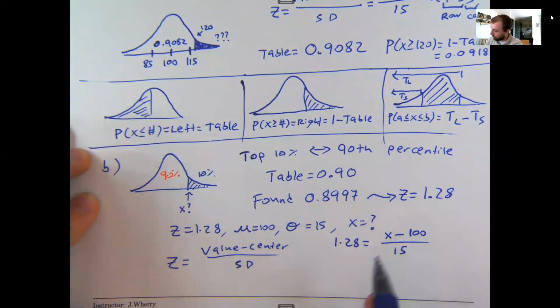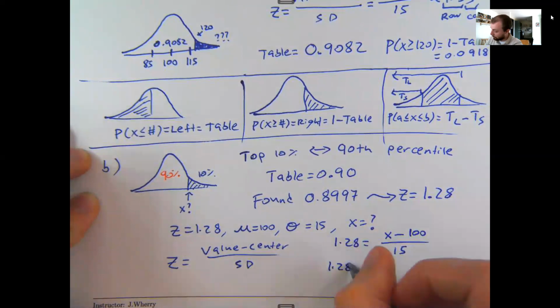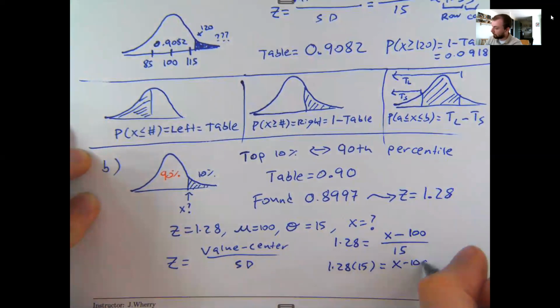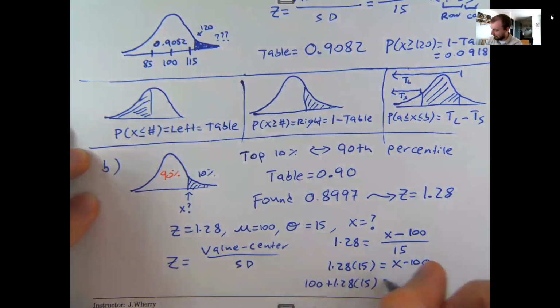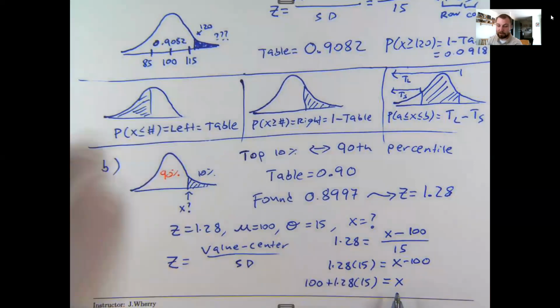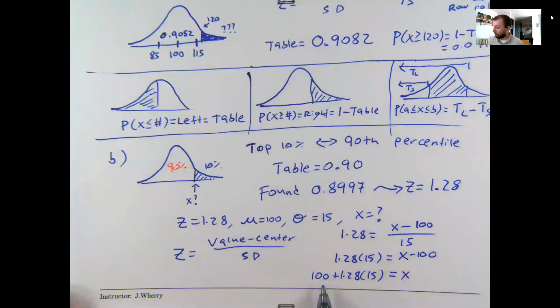So I'm going to multiply that 15 over. To get rid of this subtraction, I'll add the 100 to the other side. And this gives me my x value that I was trying to solve for. X equals 100 plus 1.28 times 15.